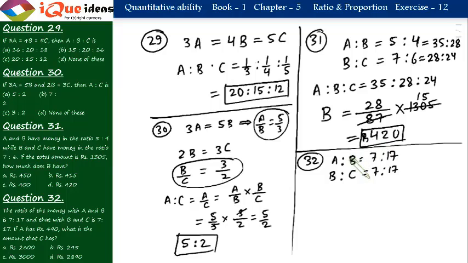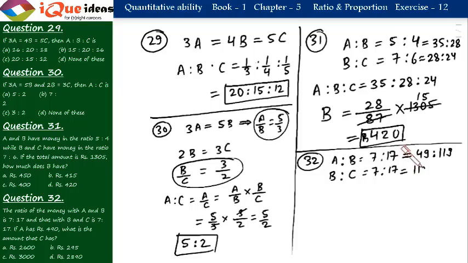So the LCM of 17 and 7 would be 119. So multiply the first ratio by 7. You will get 7 into 7 is 49 and 17 into 7 is 119. And multiply the second ratio by 17.